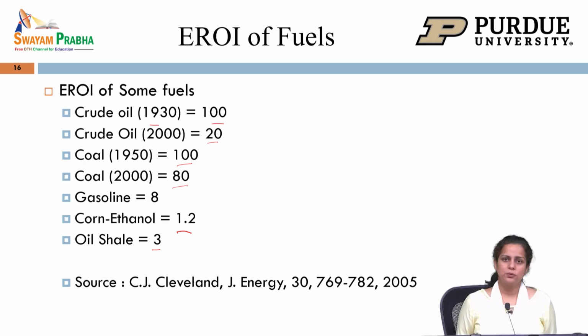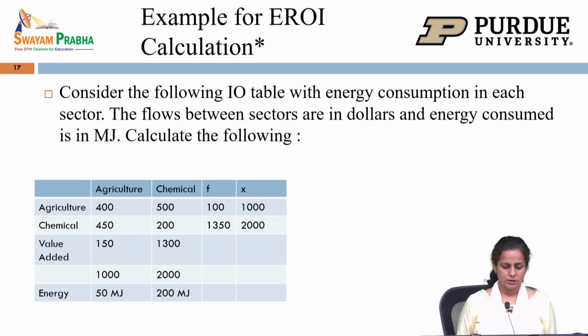So now we will do an example for calculation of energy return of investment on life cycle scale. This is a simple table that we have already seen in our previous module. It is the input output table of a 2-sector economy, and the flows are in terms of dollars.